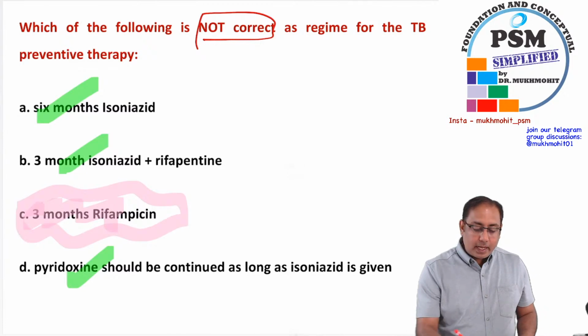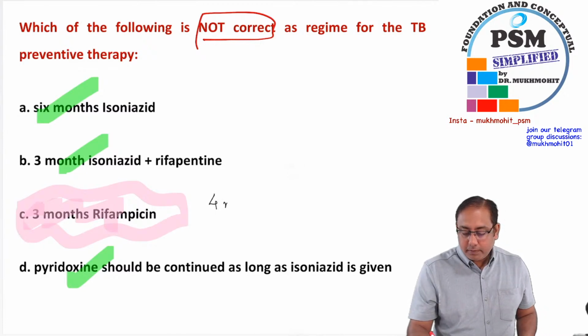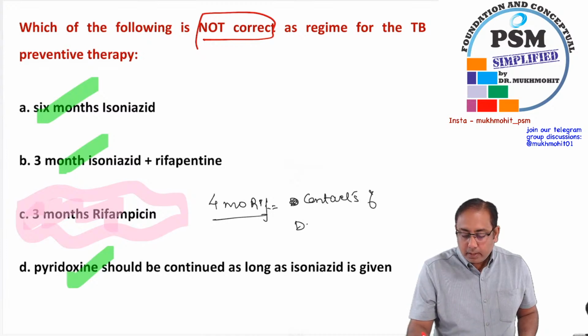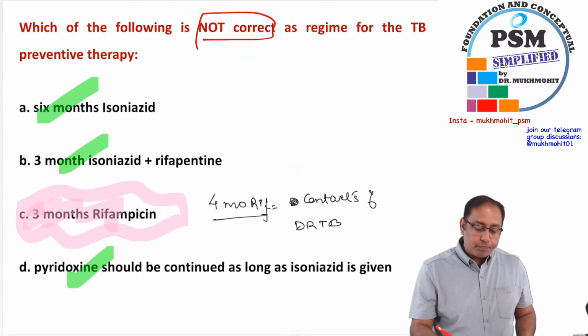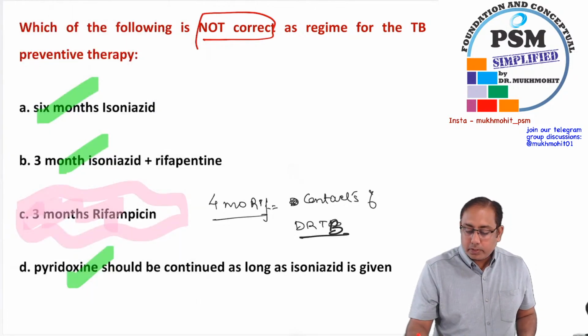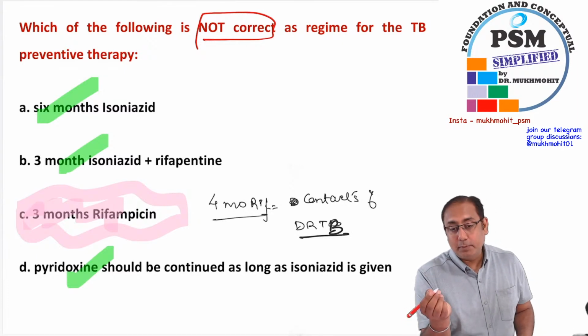Please note that we can give 4 months of rifampicin. 4 months of rifampicin is given in cases of contacts of drug resistant tuberculosis, specifically people who have rifampicin sensitive tuberculosis.